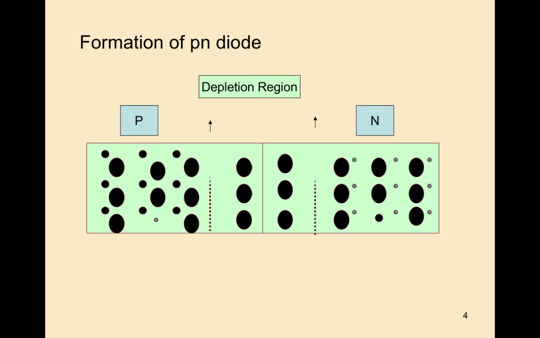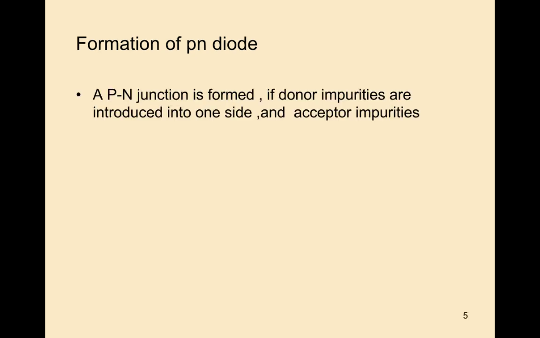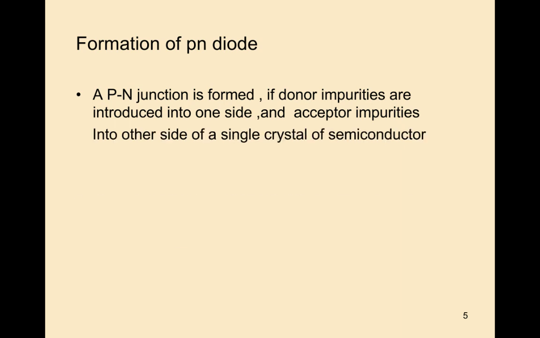In the semiconductor, electrons move towards the p-type semiconductor. So at this region a potential barrier will exist. That value is 0.3 volts for germanium and 0.7 volts for silicon.